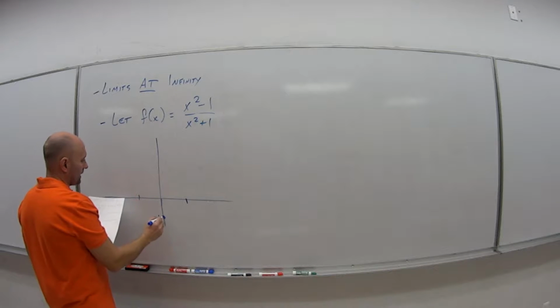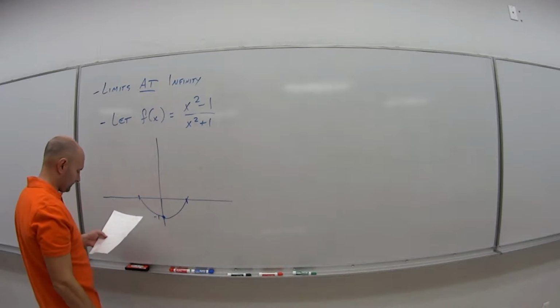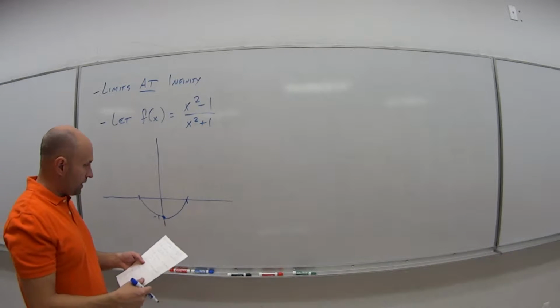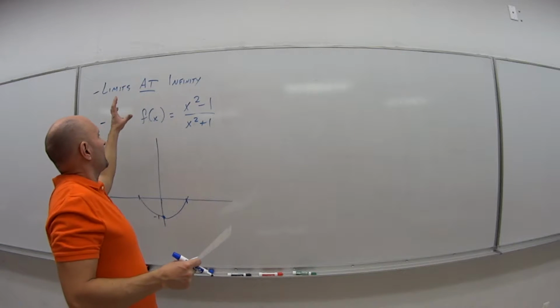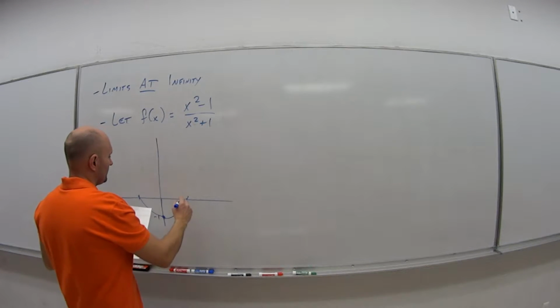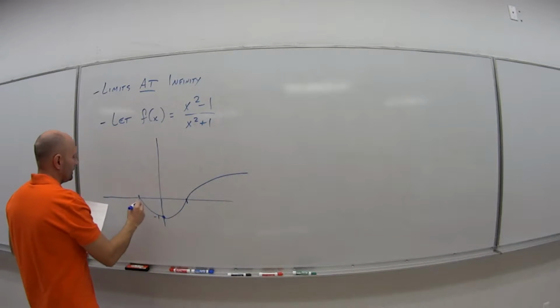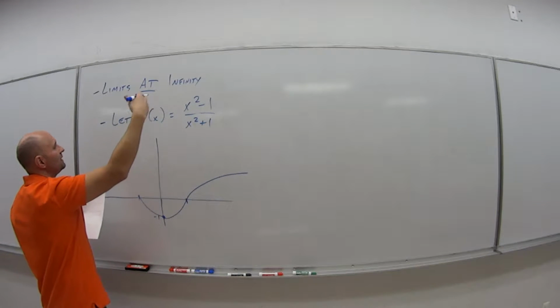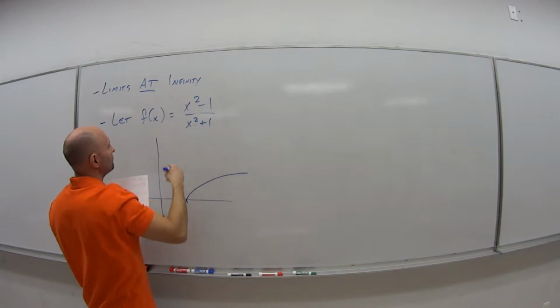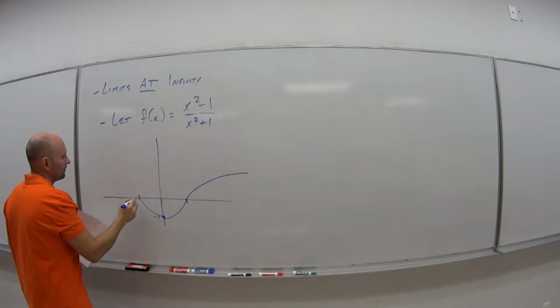It crosses the x-axis at plus and minus 1, so almost like a parabola. But as x gets really, really big, so positive infinity, this thing will start to flatten off. And similarly, as x gets to be a really big negative number, well, it's getting squared, so that's turning it into a positive number.